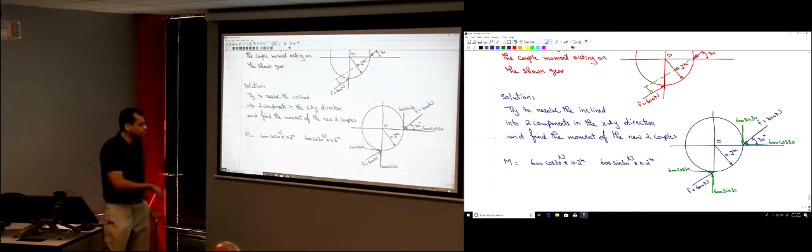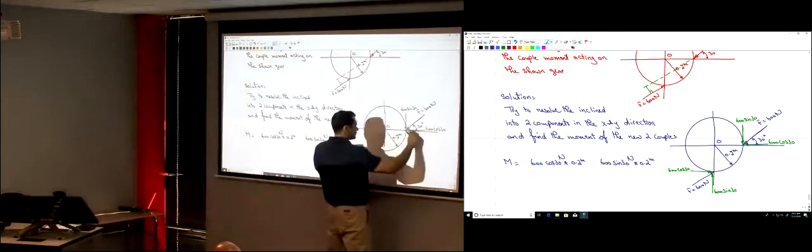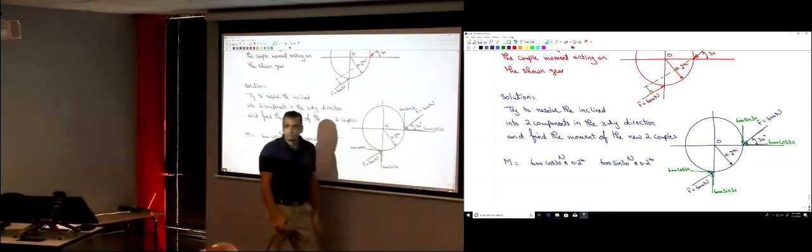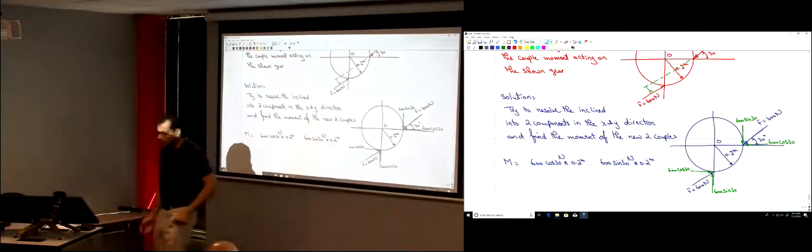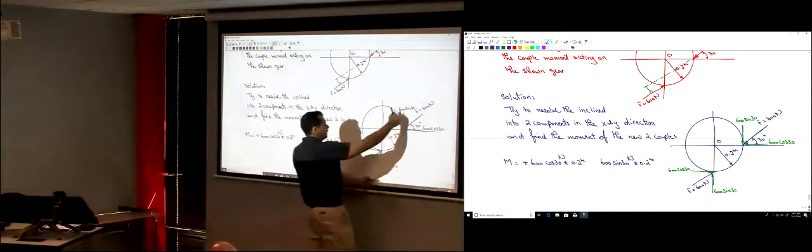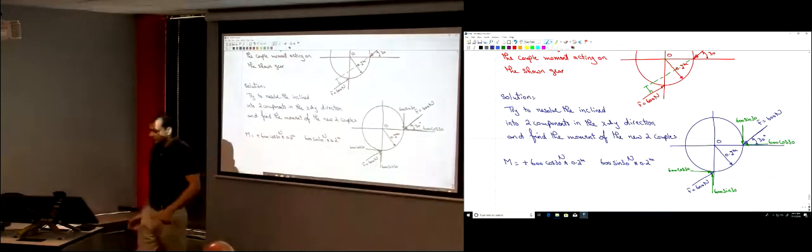The direction, okay? Which is positive and which is negative. So this one, you're doing like this. Positive. It's counterclockwise, so that's positive. This one is clockwise, so this is negative.